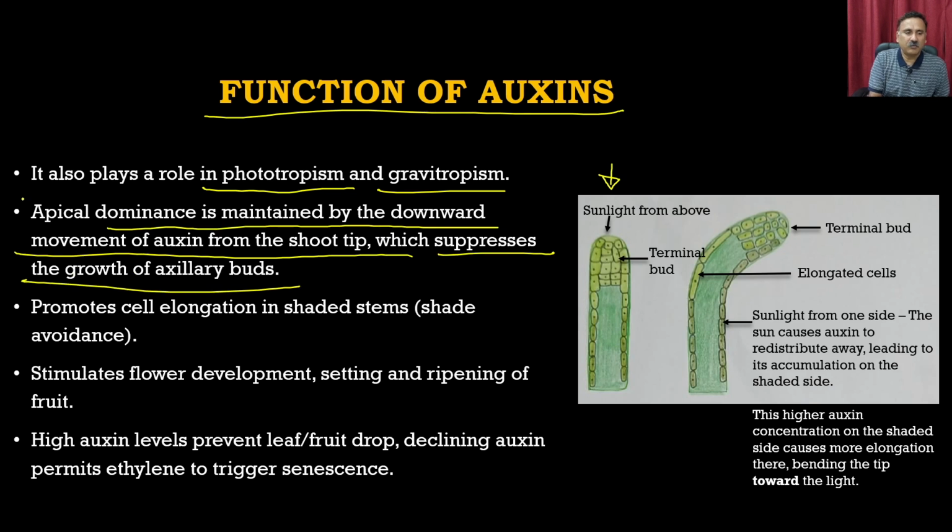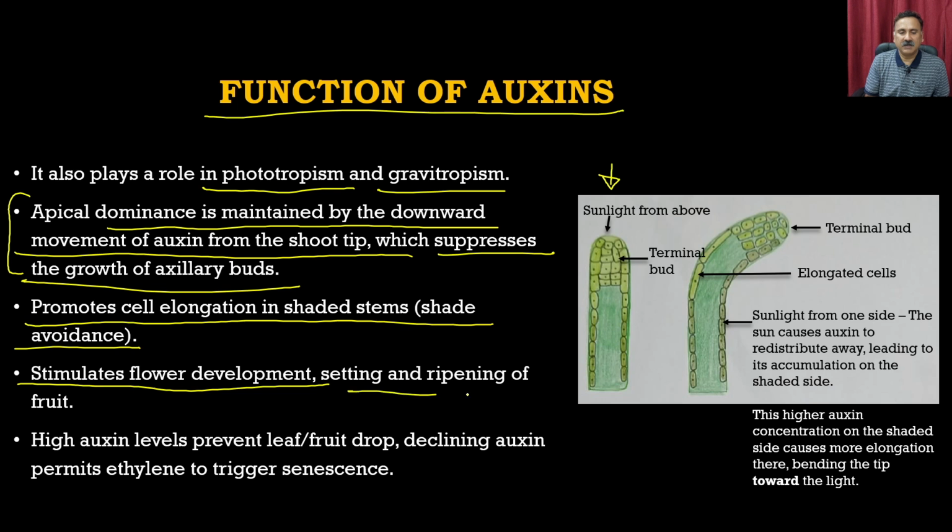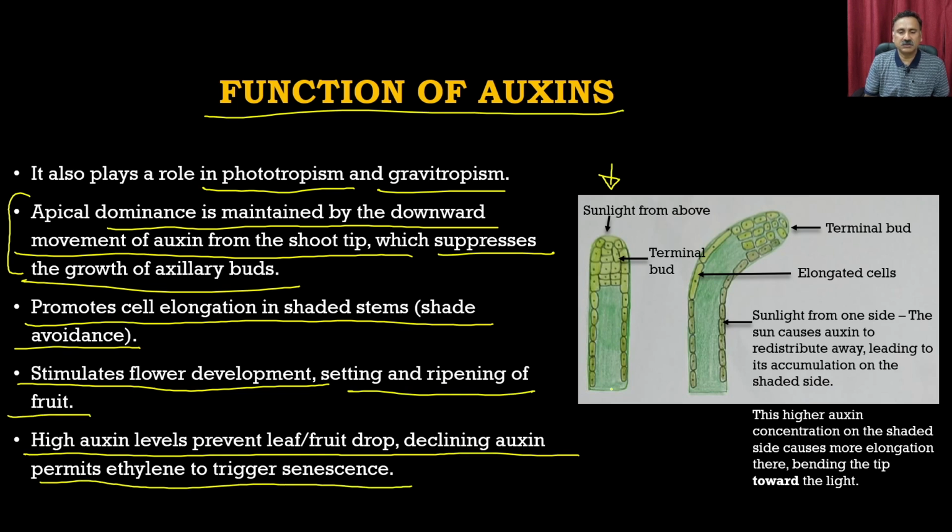So this is one of the important functions of auxin. It promotes cell elongation in shaded stems, the shade avoidance response. Then it stimulates flower development, setting and ripening of the fruits. A high auxin level prevents leaf or fruit drop. Declining auxin permits ethylene to trigger senescence.